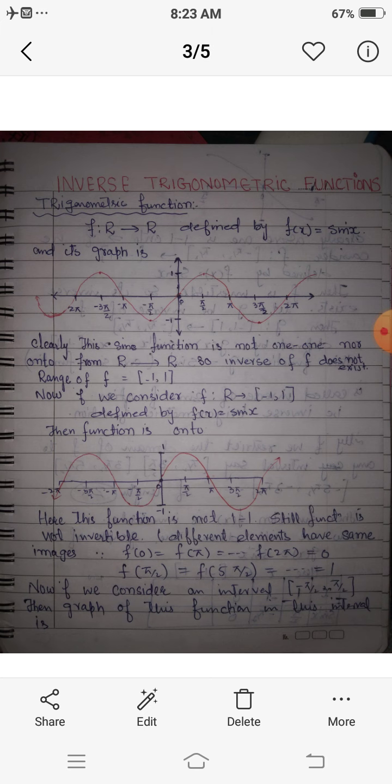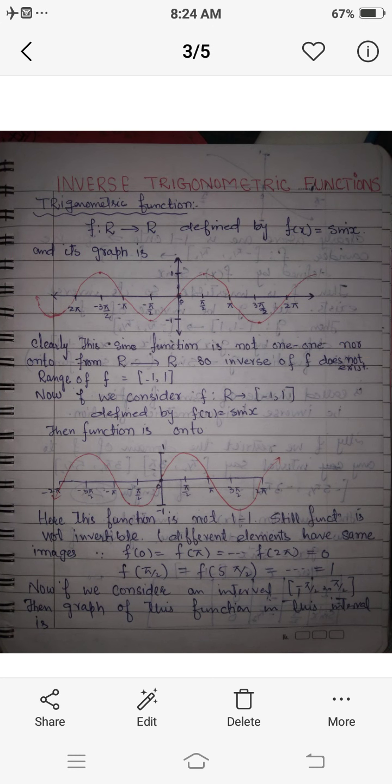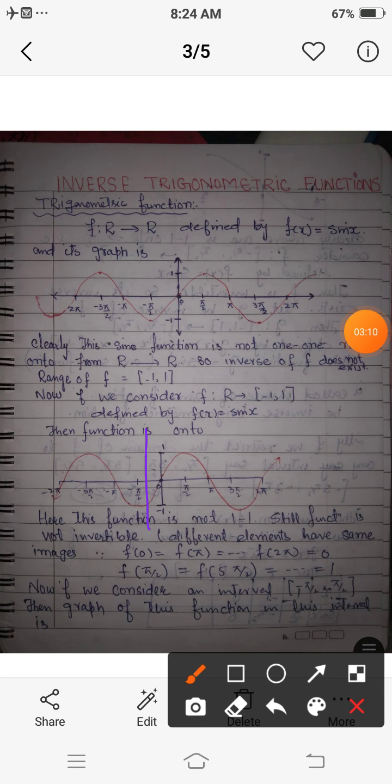Now if we consider this interval, the interval minus pi by 2 to pi by 2, or another interval from minus 3 pi by 2 to minus pi by 2, or from pi by 2 to 3 pi by 2.